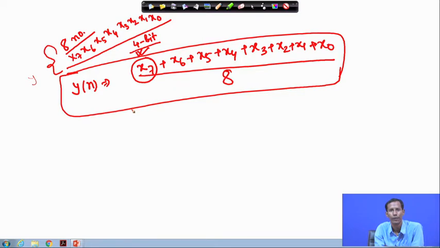Okay. So, that means 15 is the maximum number which I can represent.